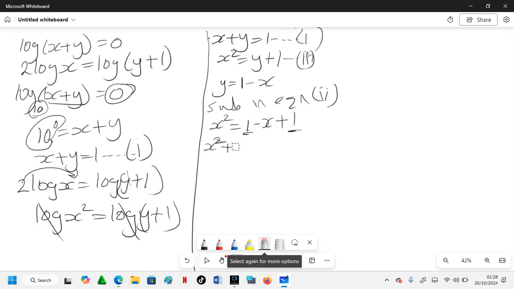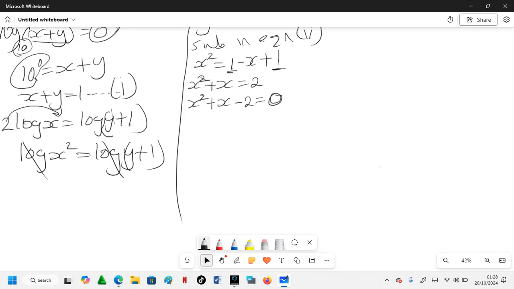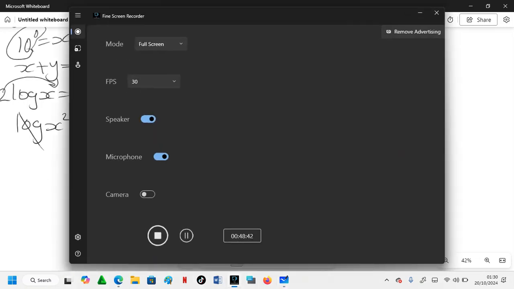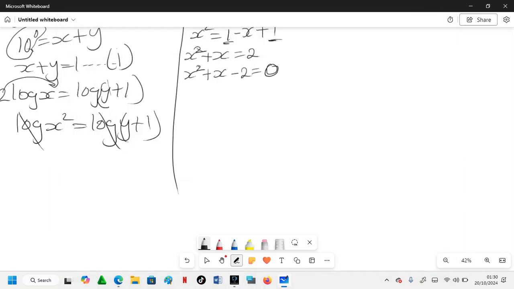So if we take everything to one side so that we solve it, we're going to have x squared plus x is equal to 2. So x squared plus x minus 2 is equal to 0. Sorry about that.